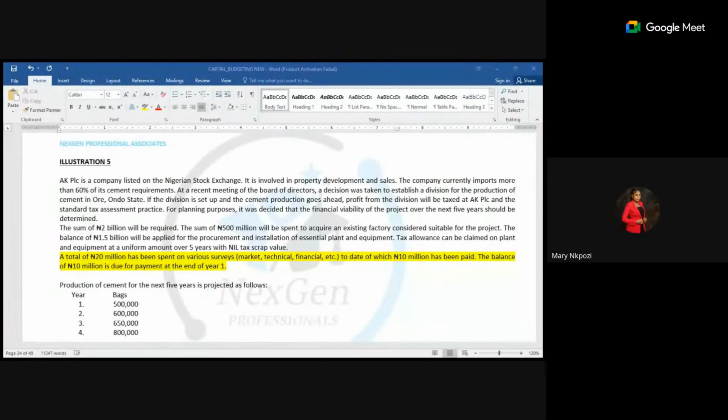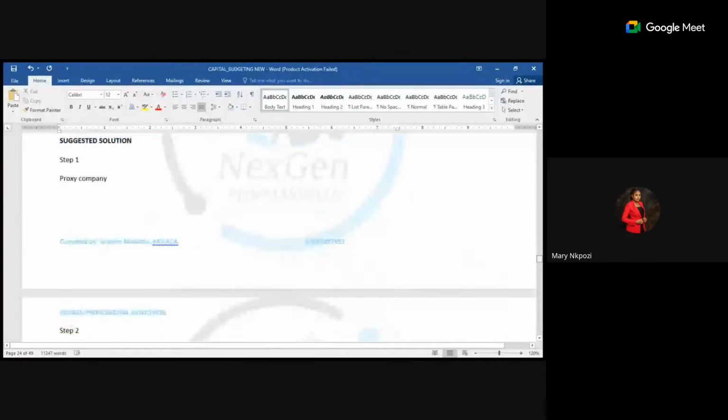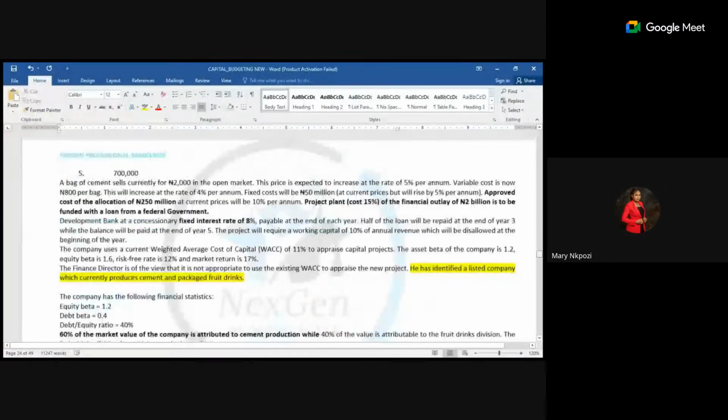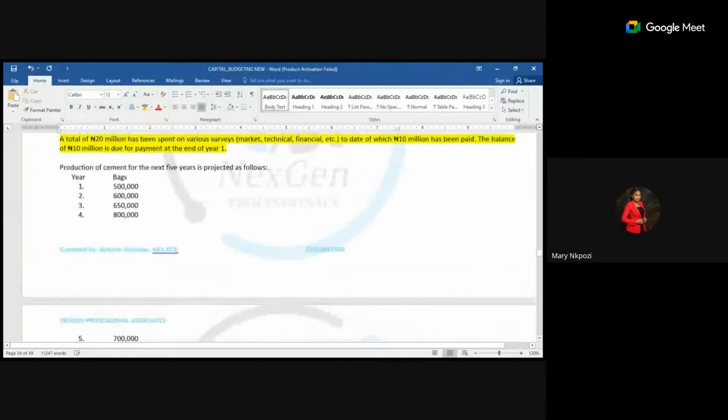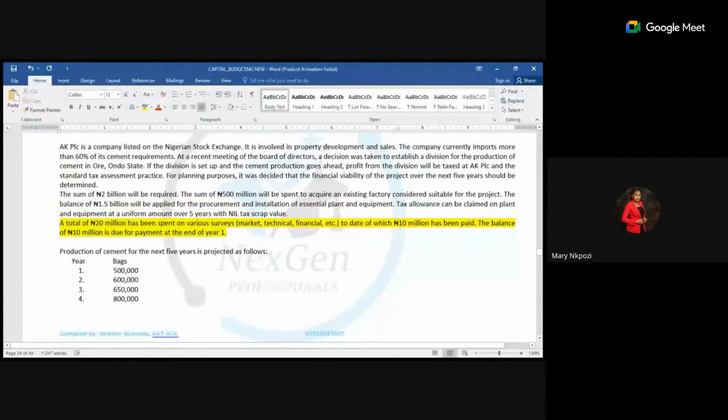Thank you. Sorry, I wanted to ask. The part you highlighted yellow, a total of 20 million has been spent, which we know is not irrelevant.